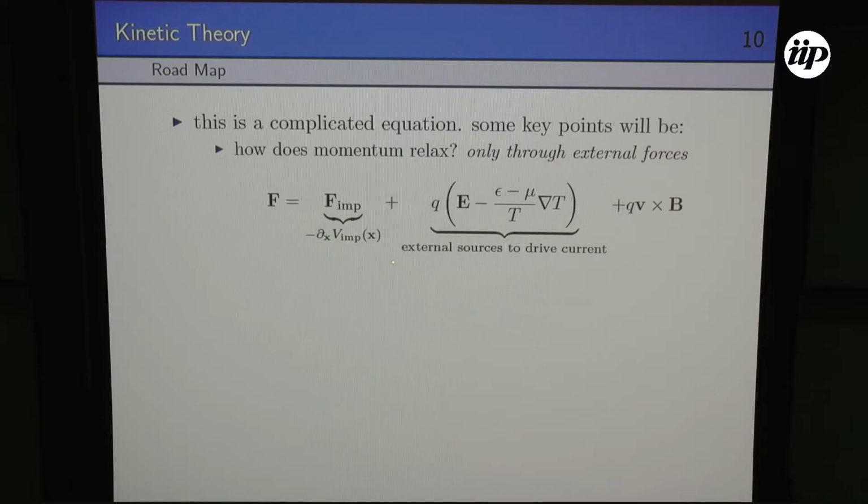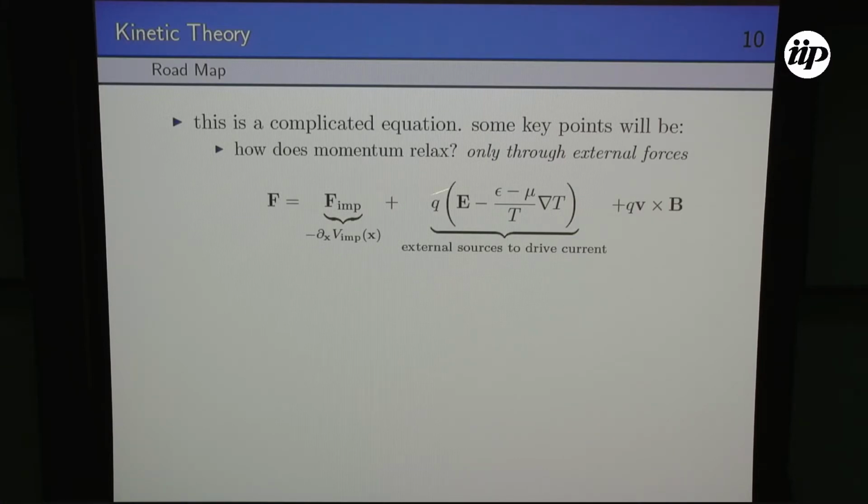So if the electron-electron collisions are momentum conserving, which I'll assume henceforth, and I won't account for phonons for simplicity, that's already in the textbook, then the only place that momentum can relax is in this force term. So I could add an external magnetic field if I want. That will show up on one slide in maybe 10 minutes or so.